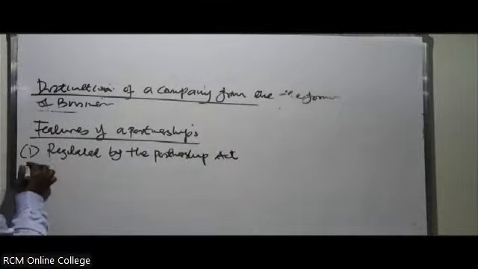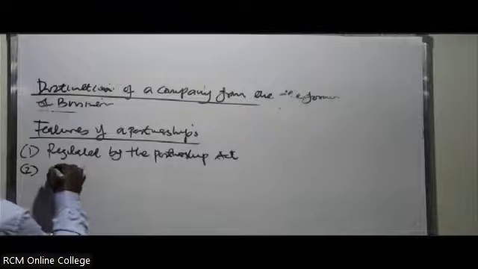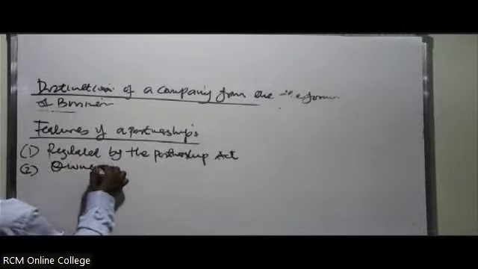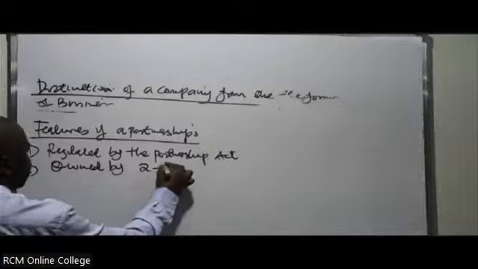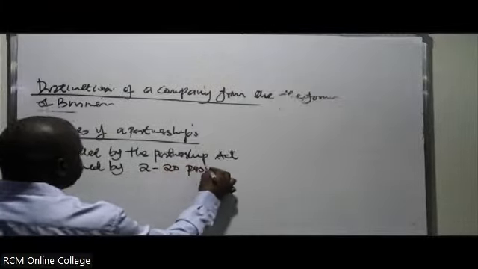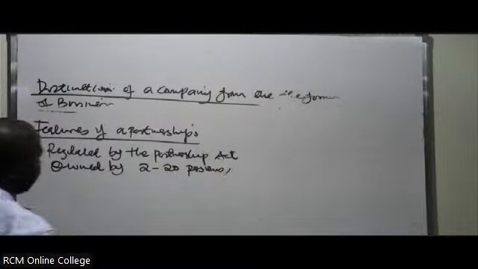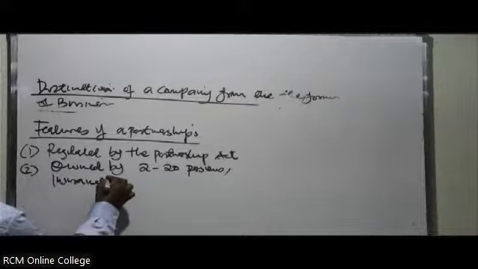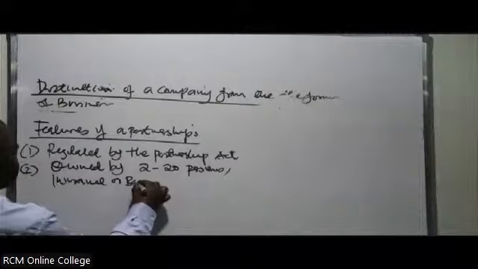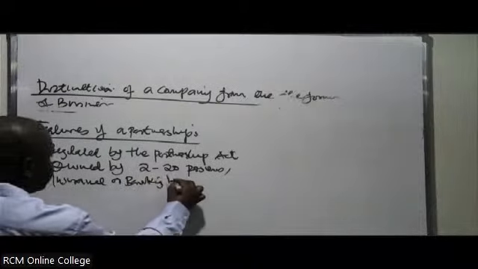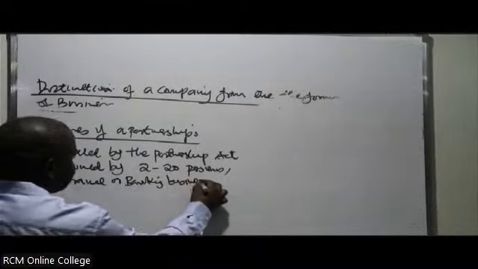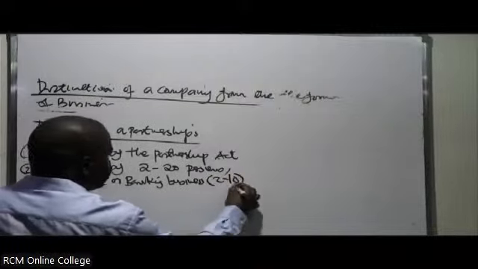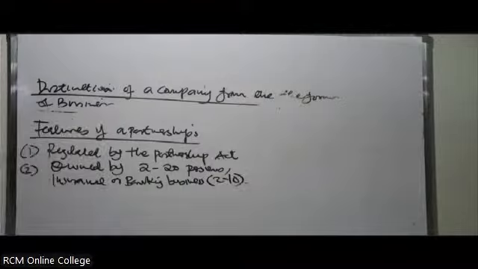Another key feature to take note of is that partnerships are usually owned by two up to 20 persons. If it is insurance or banking business, then it is normally 2 up to 10. That is the ownership of a partnership.